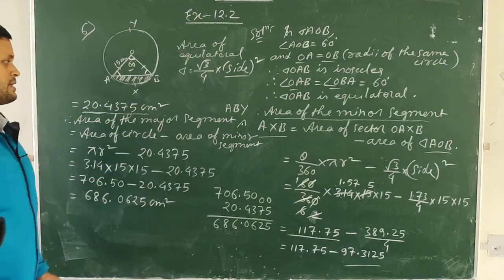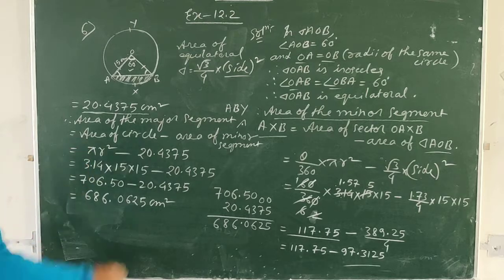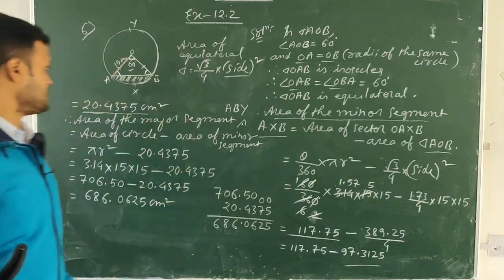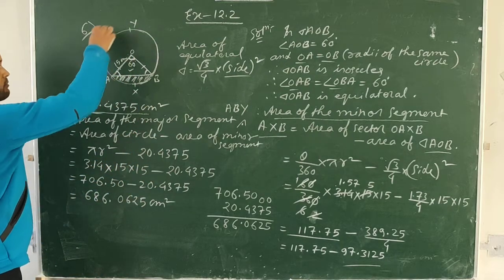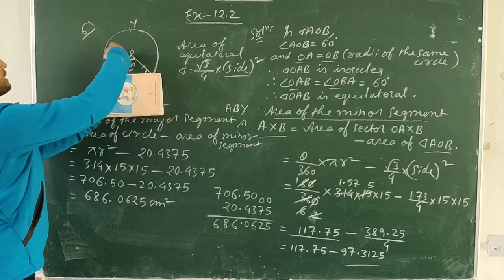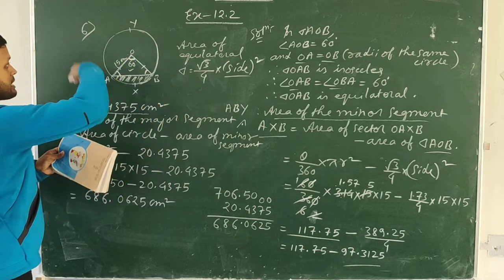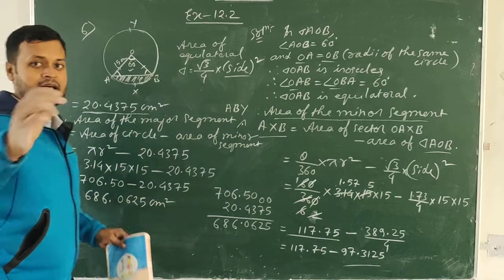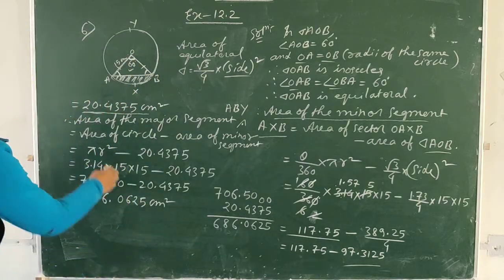Area of the major segment ABY will be equal to the area of the circle minus the area of the minor segment, isn't it? From the full circle, if I cancel this minor segment, I will get the remaining part, and the remaining part is the major segment. So area of the circle, what is the formula?